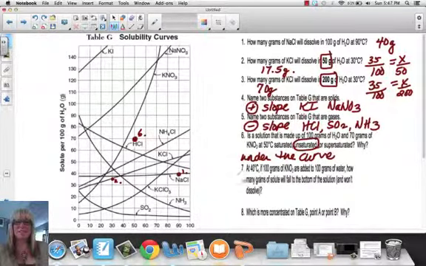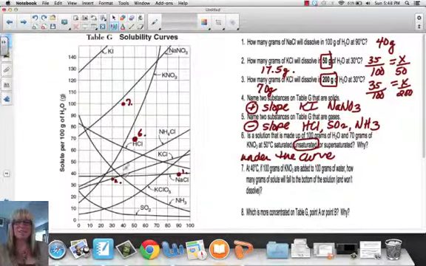At 40 degrees, if 100 grams of KNO3 are added to 100 grams of water, how many grams will fall to the bottom of the solution and won't dissolve? So we have to go to 40 degrees, 100 grams, and put a dot. Okay, 7. And they're asking about KNO3. Well, here's KNO3.